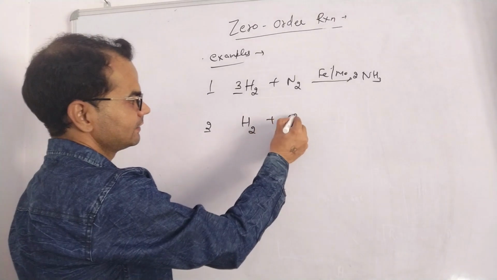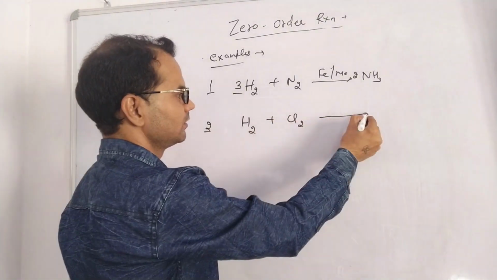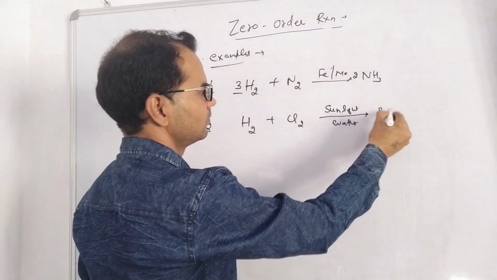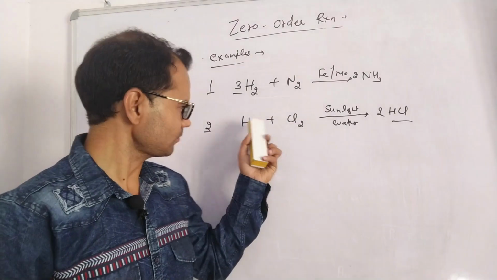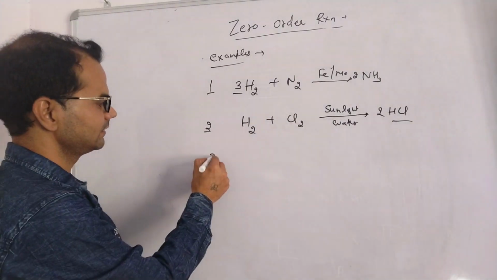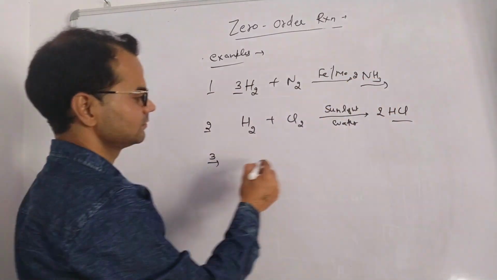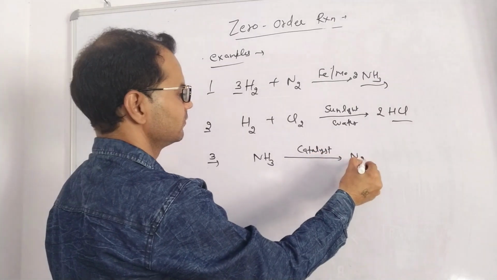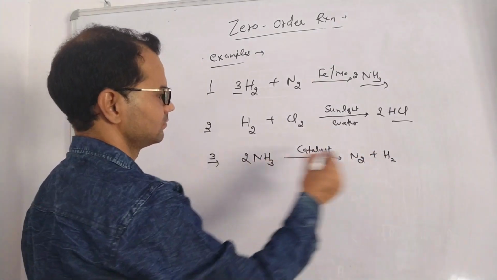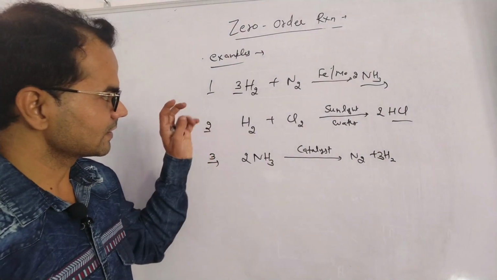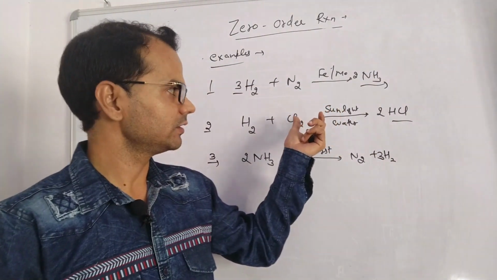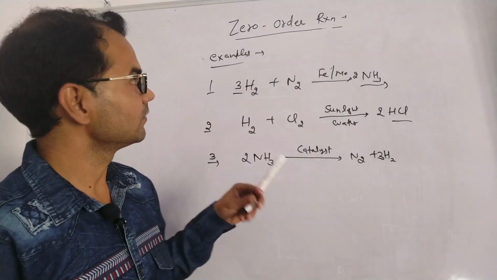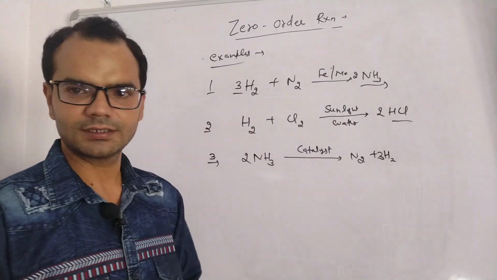Formation of hydrochloric acid, H2 and chlorine in presence of sunlight on the surface of water to form 2HCl. This is also zero order kinetics. Third is dissociation of ammonia in presence of a metal surface catalyst to give nitrogen plus hydrogen. So the reactions which require a metal surface or catalyst surface, generally they follow zero order kinetics. That's the complete information for zero order reactions.